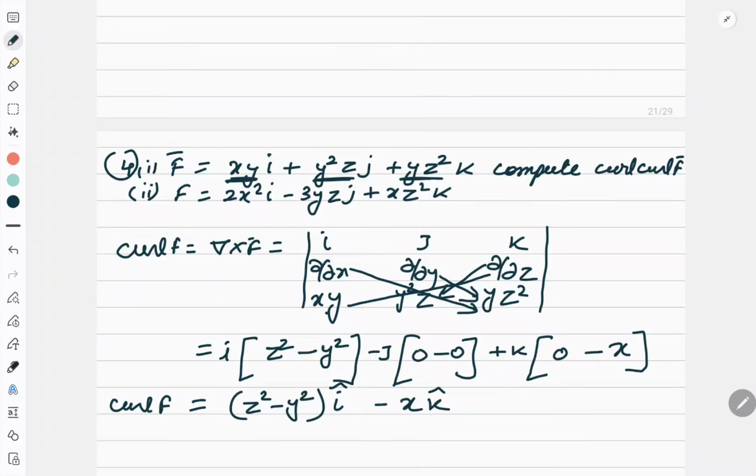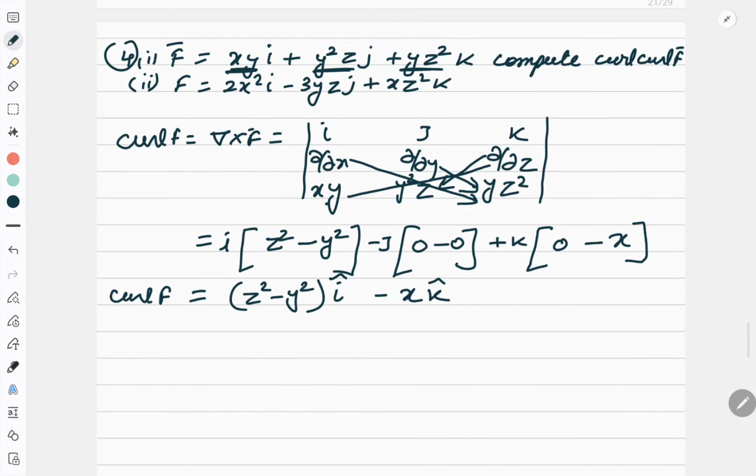Now what exactly do I have to do? I have to find curl curl f. So once again I will find the curl of this function. So now when I am doing curl of curl f, this can also be written as del cross (curl f).